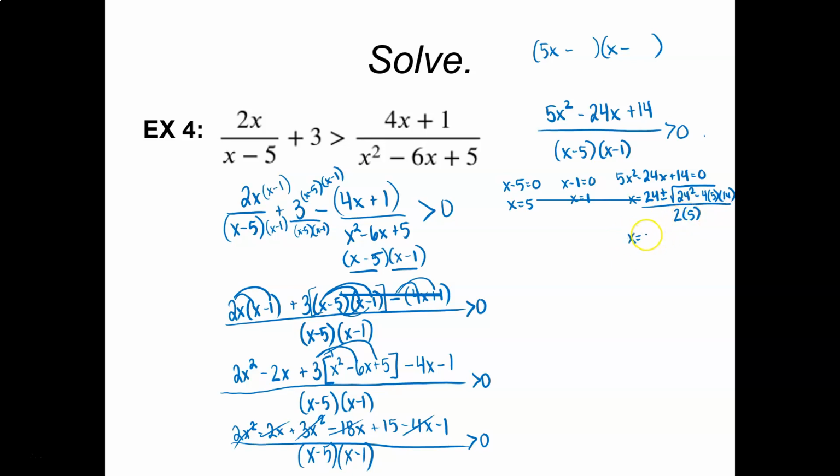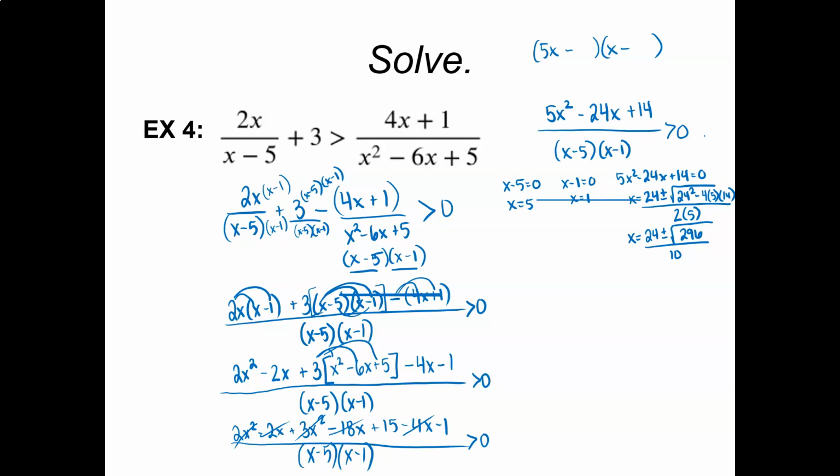And then that's going to give us 24 plus or minus the square root of 296, all over 10.